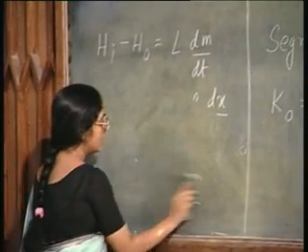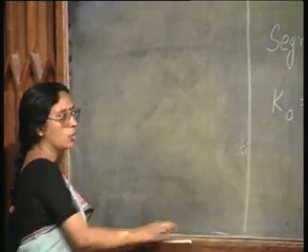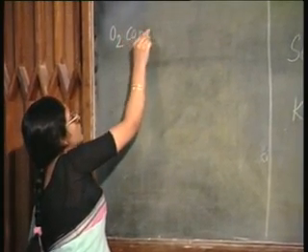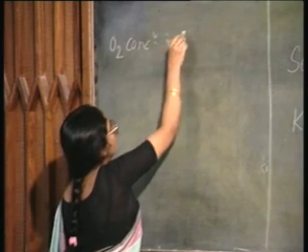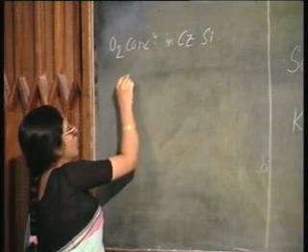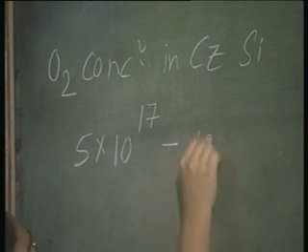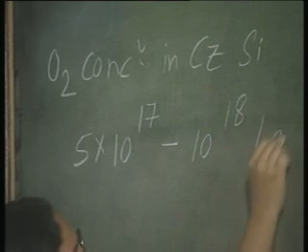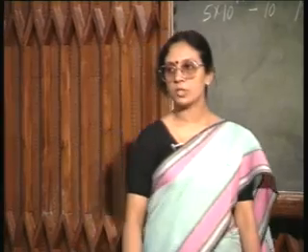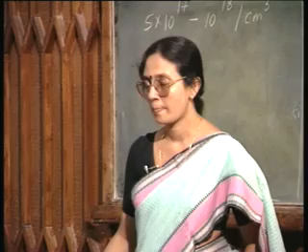Usually, in a Czochralski grown crystal, the amount of oxygen will vary from 5 into 10 to the power 17 to about 10 to the power 18 per centimeter cube.